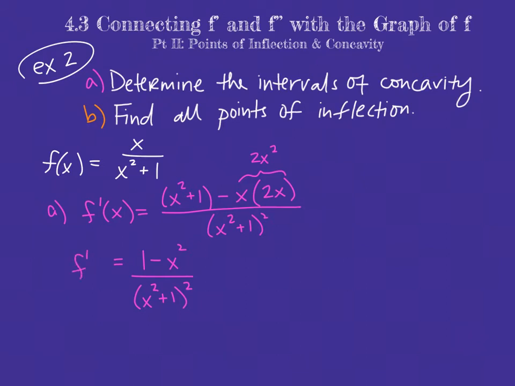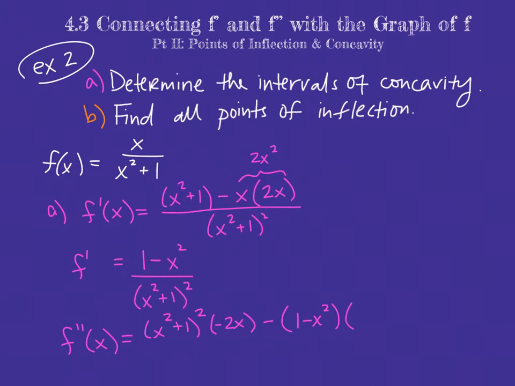derivative here. So we have f prime. Now we need to find f double prime. So f double prime, again, we will use the quotient rule. So we'll have low times d high. The derivative of the numerator is negative 2x, minus high times d low, the derivative of the denominator.